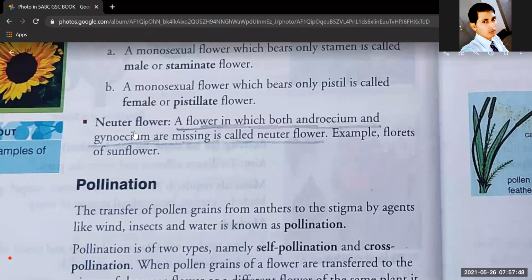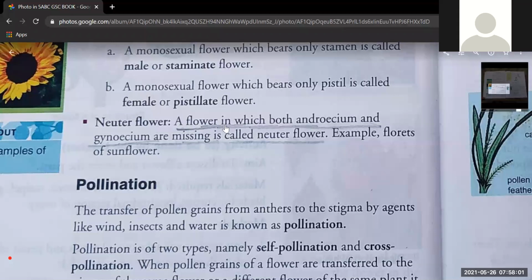So I can ask in this way also: what is a bisexual flower, what is a monosexual flower, and what is a neuter flower. Understood? Yes, sir. An example of a neuter flower is the florets of sunflowers.